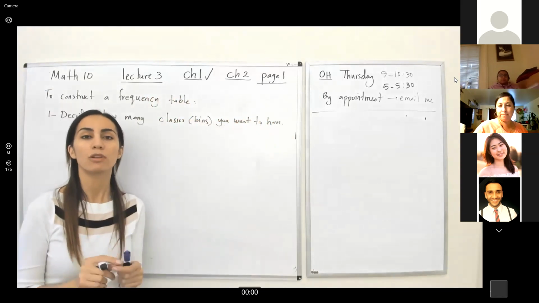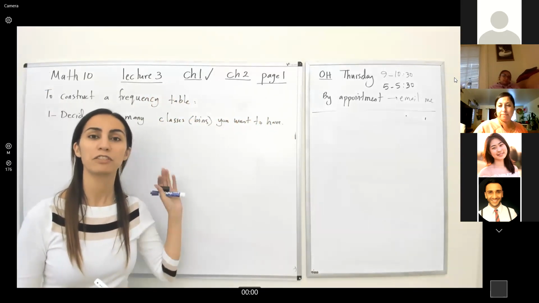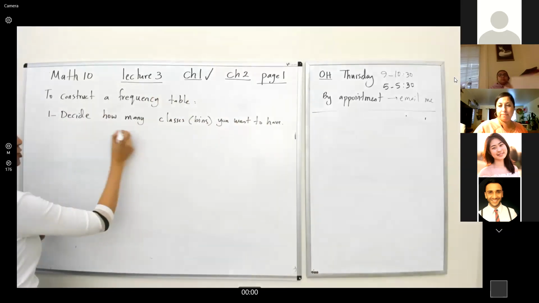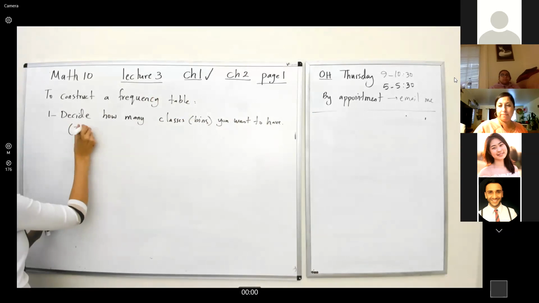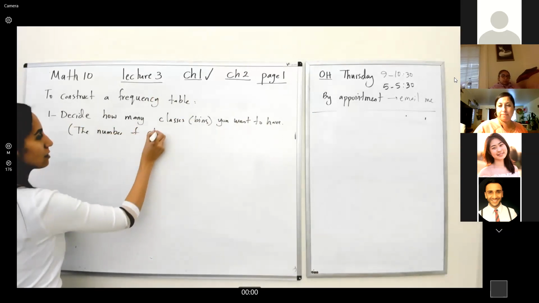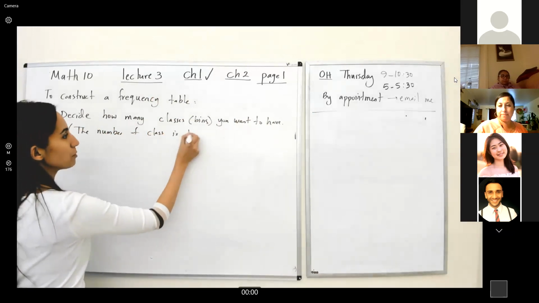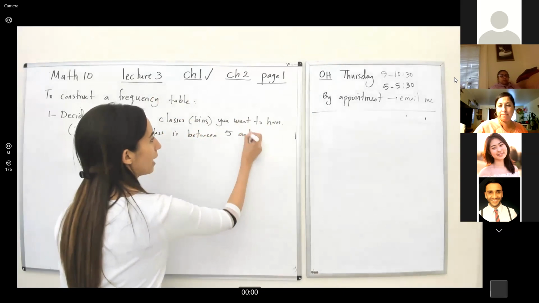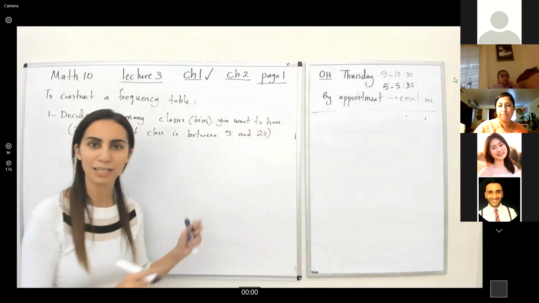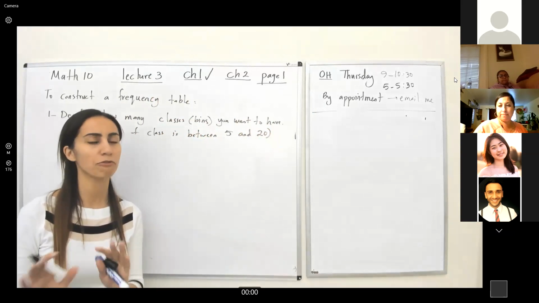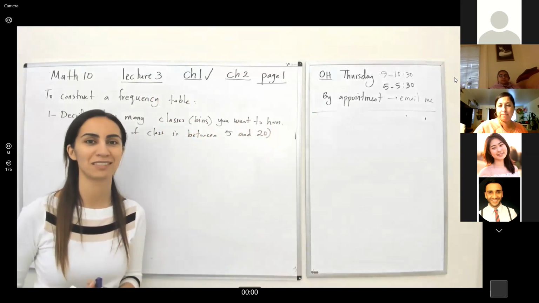Statisticians usually select a number between 5 and 20. So the number of classes is between 5 and 20, and you can select 5 or 20 as well. This is your very first step.